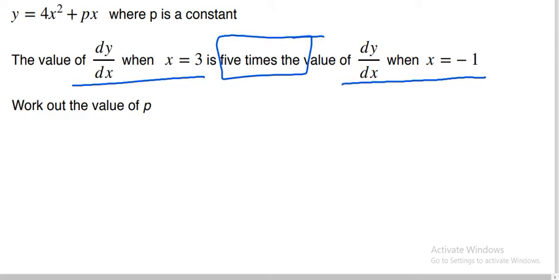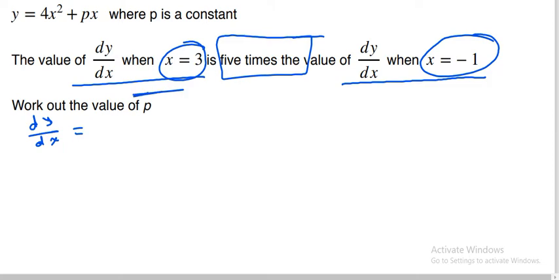So first we have to find dy by dx, and we'll put x equal 3 one time and x equal negative 1 the other time. The first expression equal 5 multiply the second expression. We'll see how to find it. But first we have to find dy by dx.